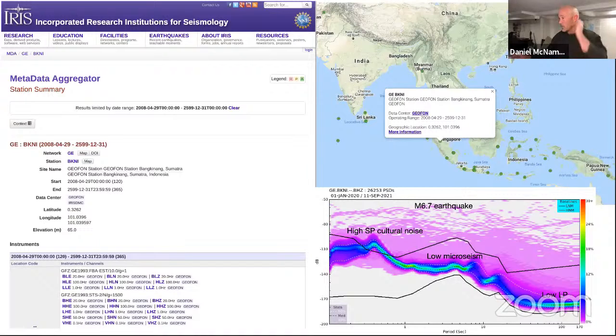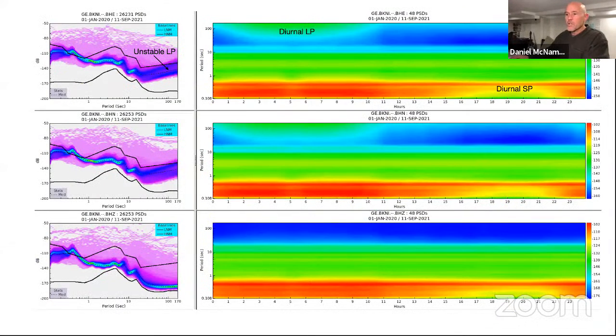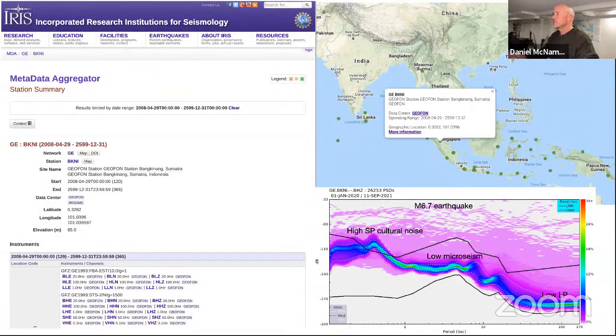I'll show a better example coming up where we can look at it as a function of detection. But the thing that I wanted to note about this particular station is that the high frequency noise is pretty high.